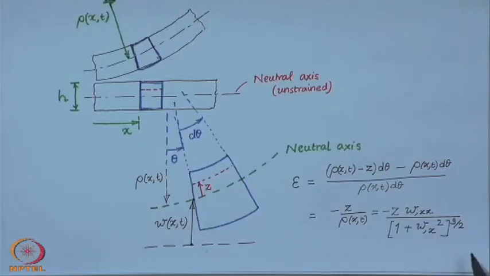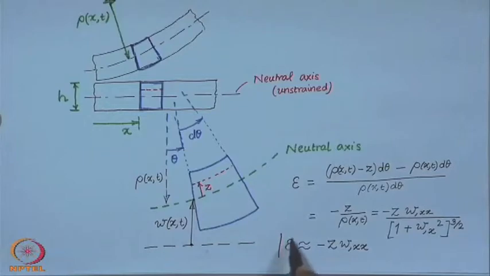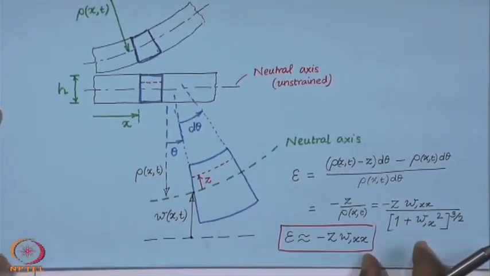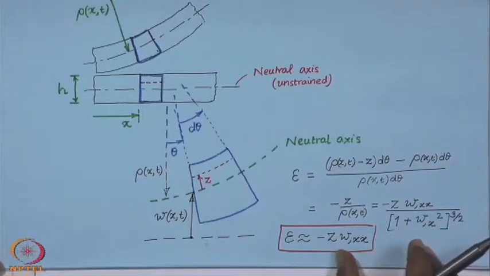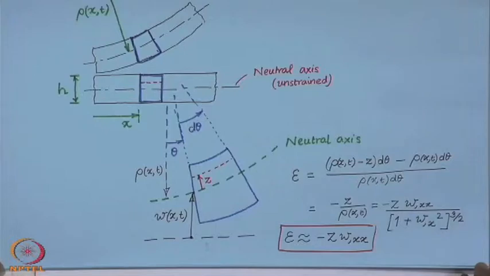We can drop the higher order terms and we can write the strain in this fiber as minus z times the second derivative with respect to x of w. So, w is our field variable.